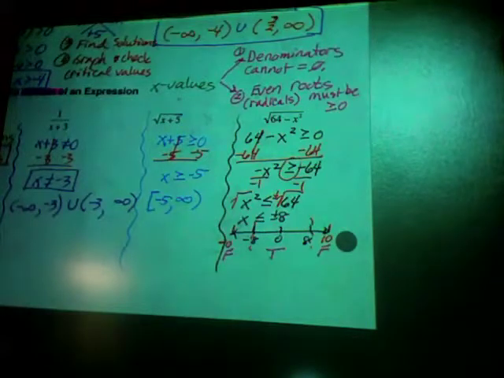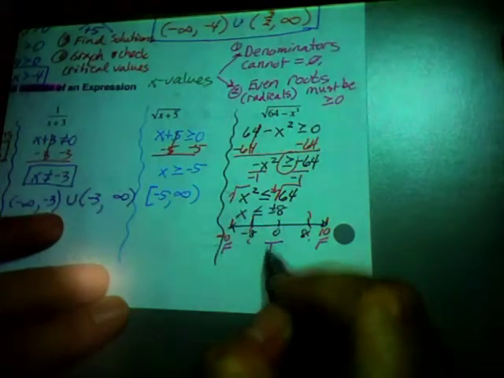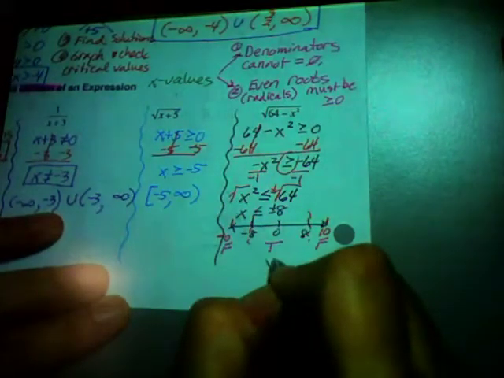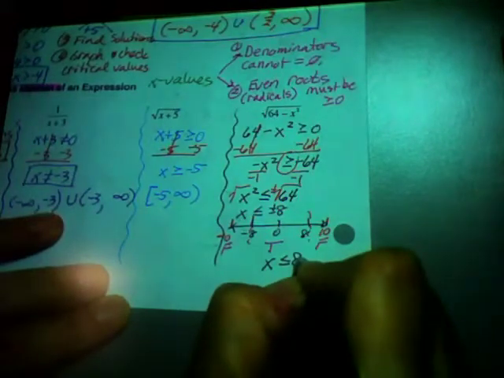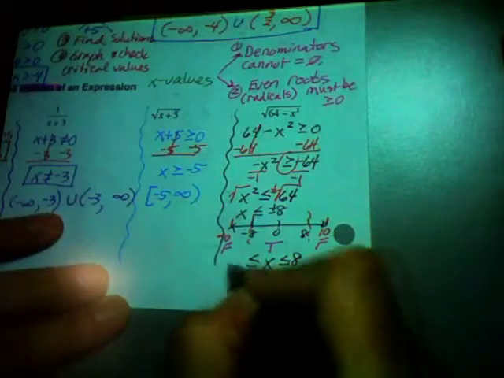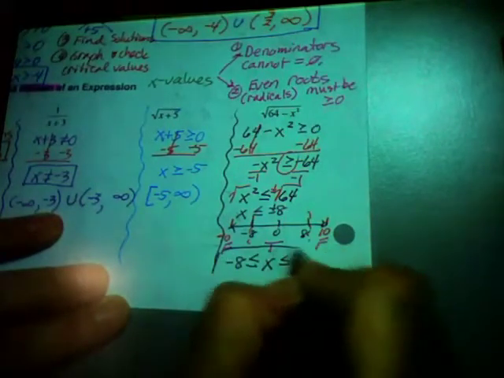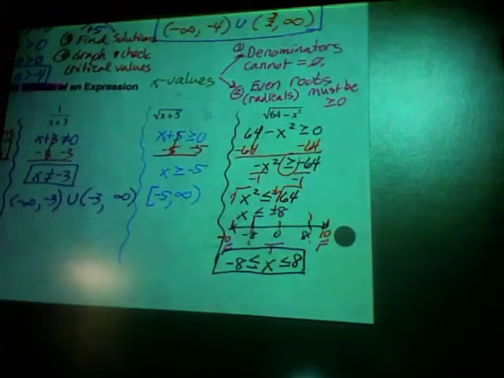So what does my interval notation look like? Well, first of all, algebraically, it's going to look like x in the middle is less than or equal to 8, and then if you read it backwards, x is greater than or equal to negative 8. You could write them separately if you chose. So that's your inequality answer.